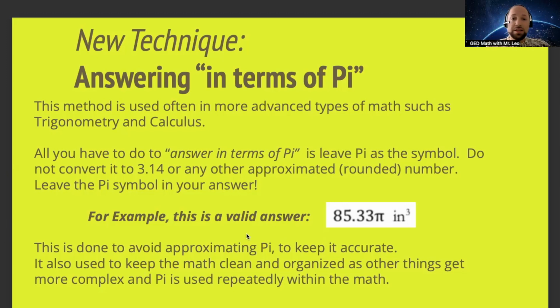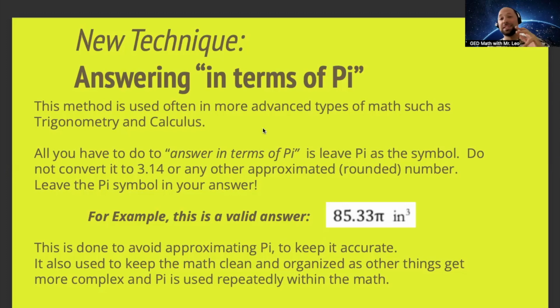This method is used often in more advanced types of math, such as trigonometry and calculus, but it's on the GED as well. All you have to do to answer in terms of pi is to leave pi as the symbol. Do not convert it to 3.14 or any other approximated rounded number. All you got to do is leave the pi symbol in your answer.